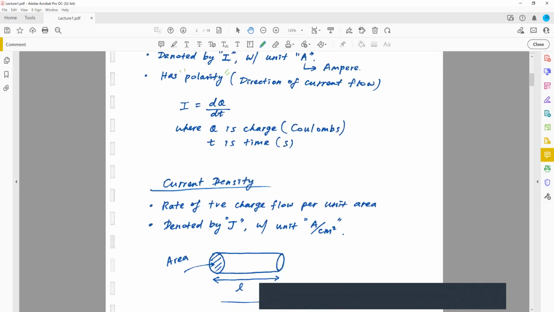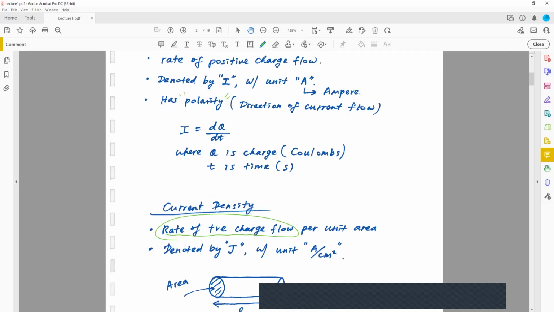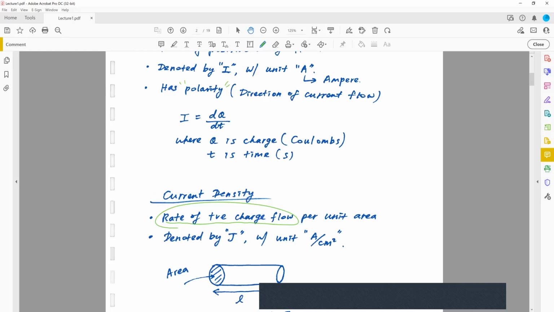Current density. Current density is defined as the rate of positive charge flow per unit area. Now, notice that rate of positive charge flow is nothing but your current. So, your electrical current per unit area. So you can expect that the unit is going to be some ampere divided by centimeter square, where this square is referring to your area.